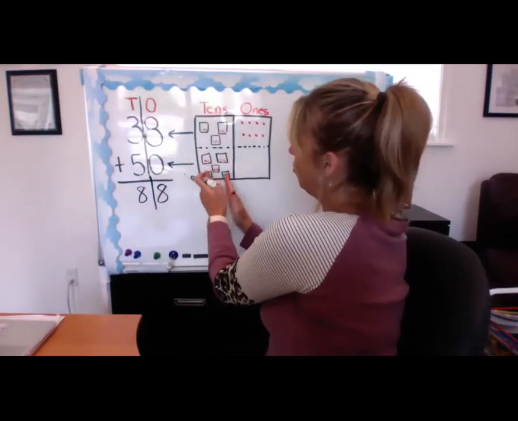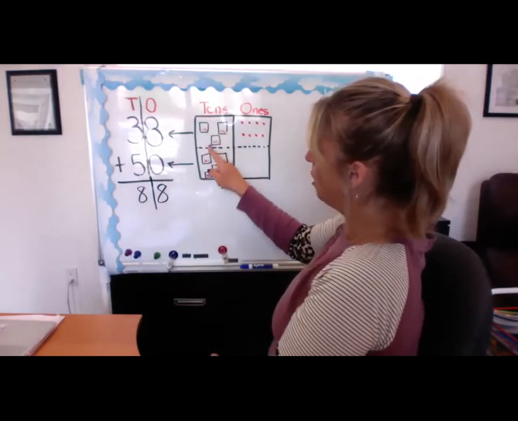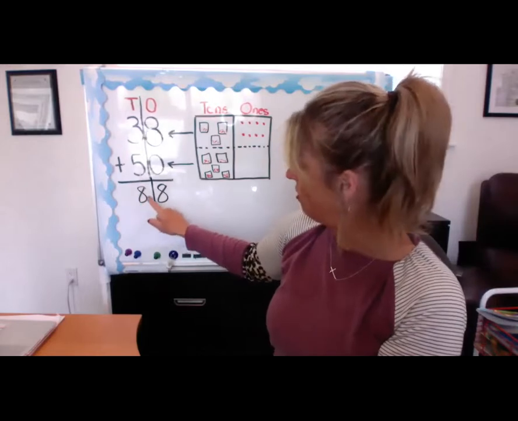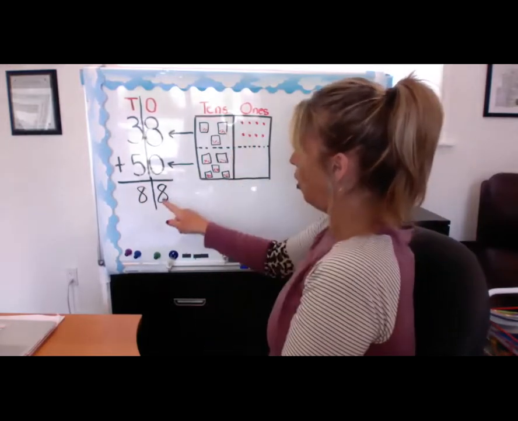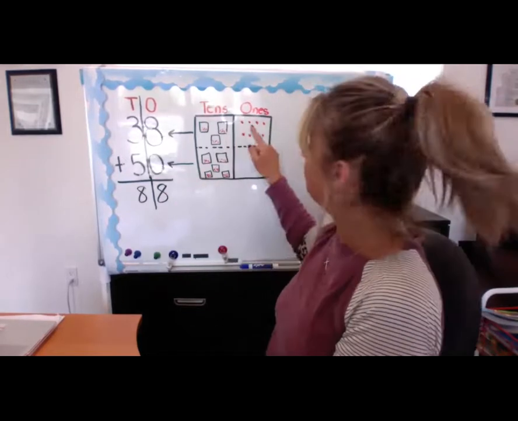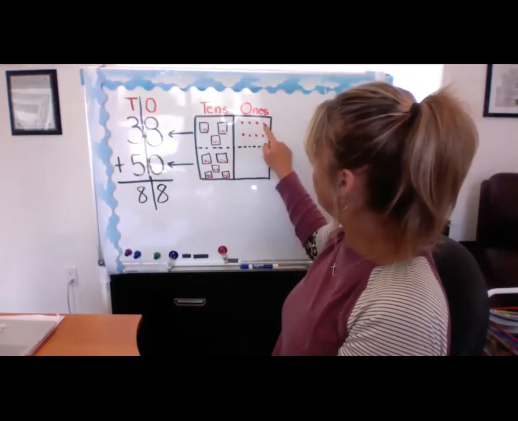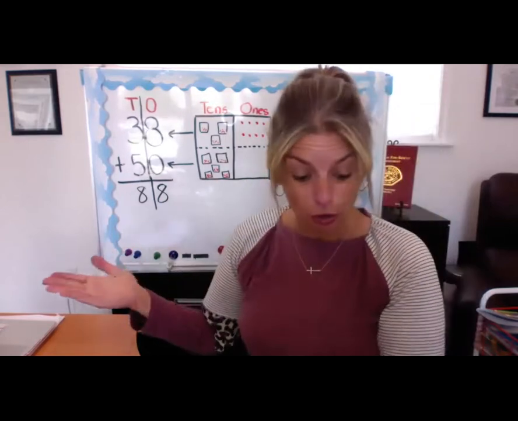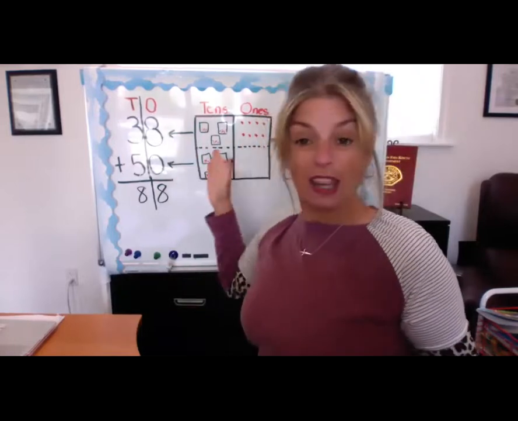Well, we're going to count these all together. 1, 2, 3, 4, 5, 6, 7, 8. Oh, there are 8 tens, so that matches that. How many ones are there all together? We said 8. Let's make sure that shows in our picture. 1, 2, 3, 4, 5, 6, 7, 8. Yes, that shows in our picture. So that is how we do the numbers and the picture so they match up both the same.